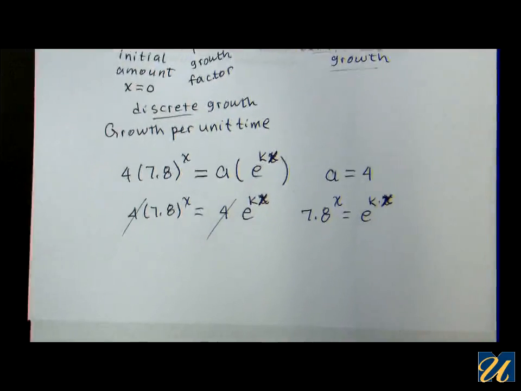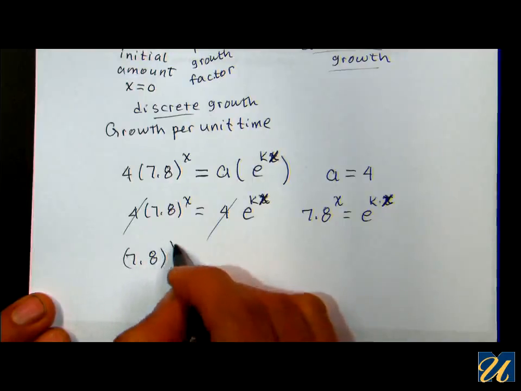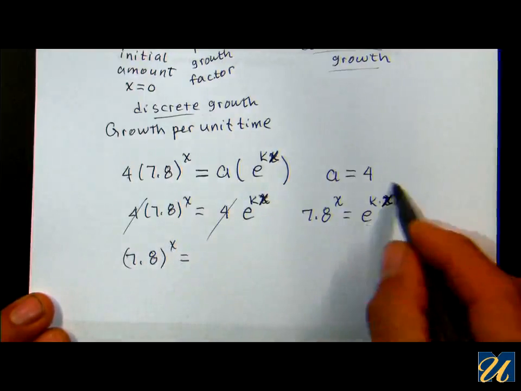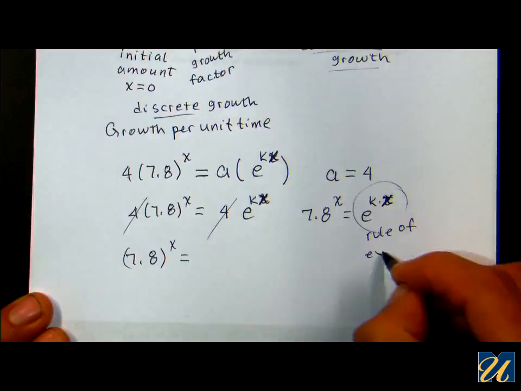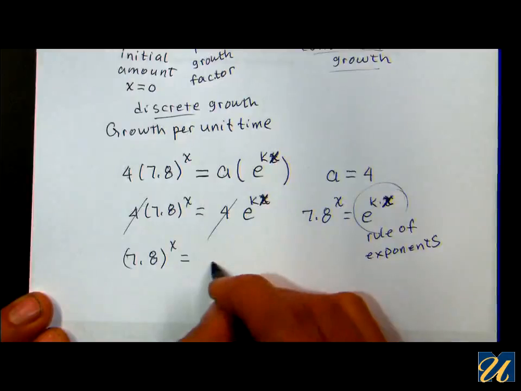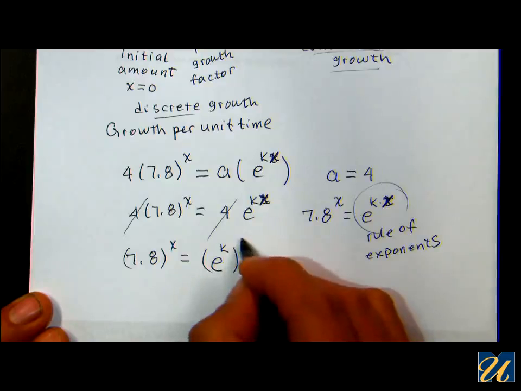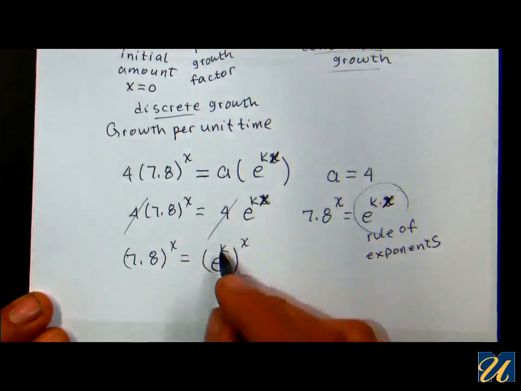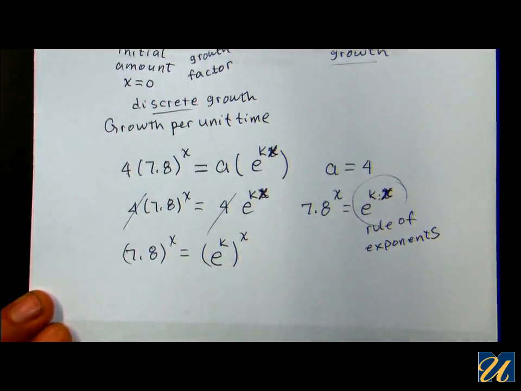Okay, we could view it like this: 7.8 to the x. Now shift this in terms of a rule of exponents. We could write this as e to the k all to the power x, because power to power will multiply, giving you k times x.